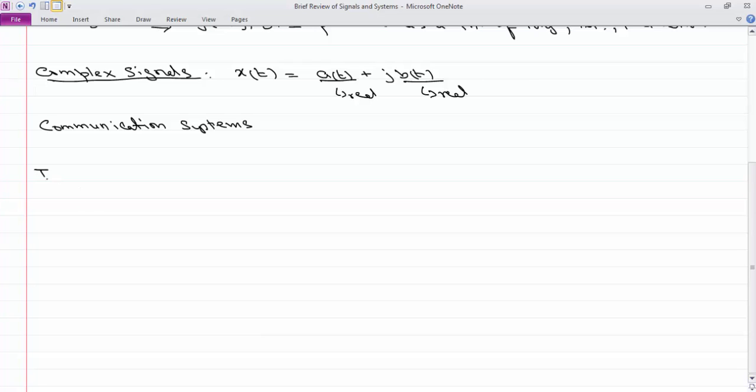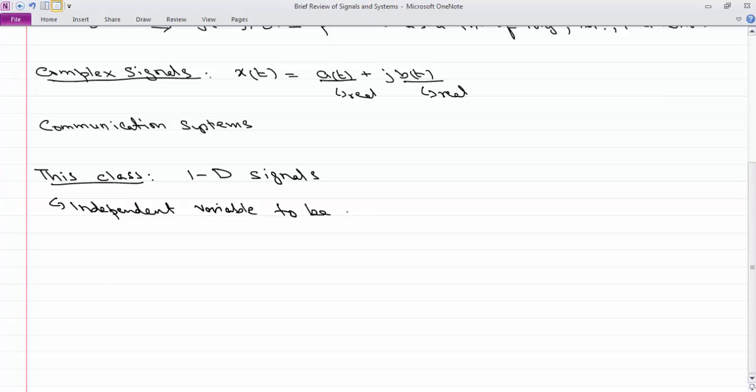Now, in this class, we'll do only 1D signals. And in these 1D signals, we'll take the independent variable most of the time to be t, which is time, but the general rules that we'll study for 1D signals are not a function of whether we are talking about time.